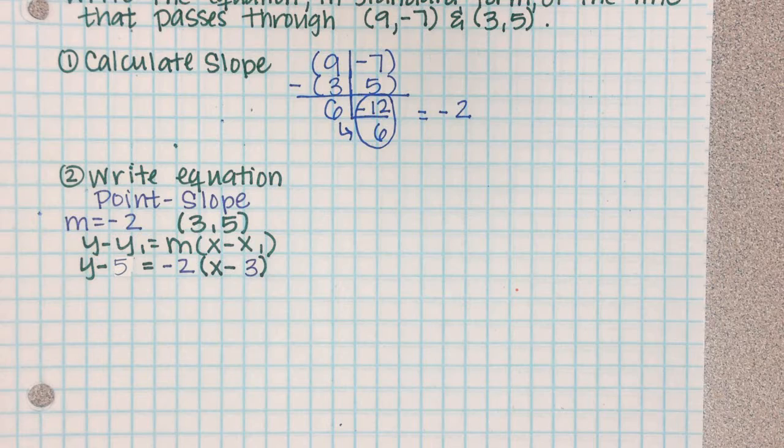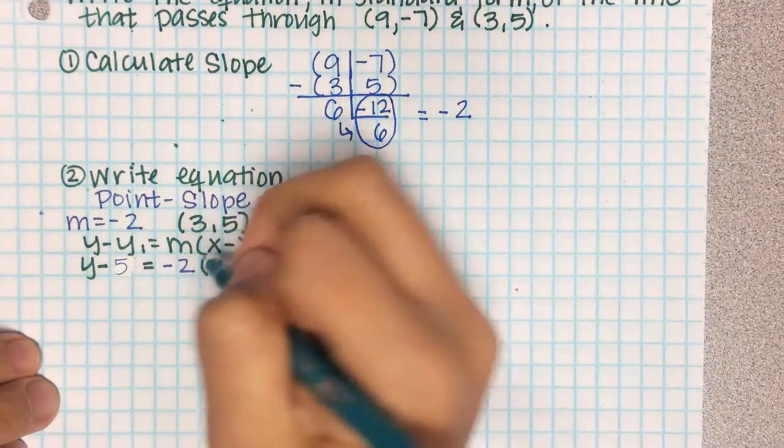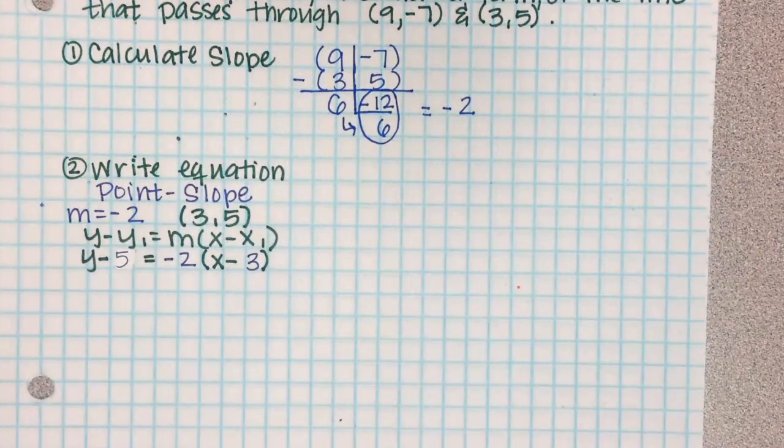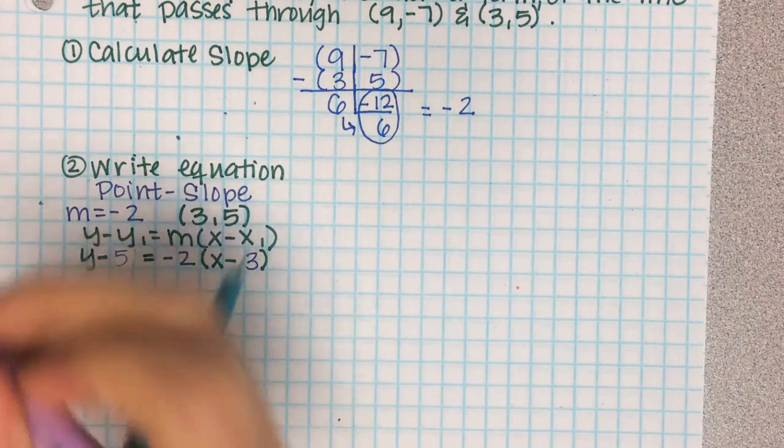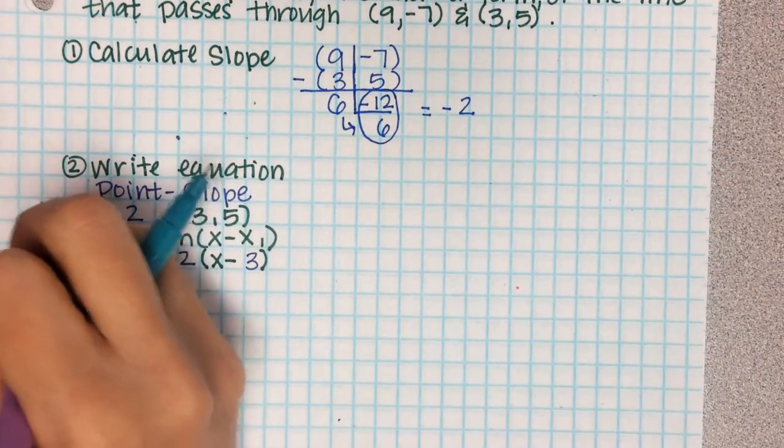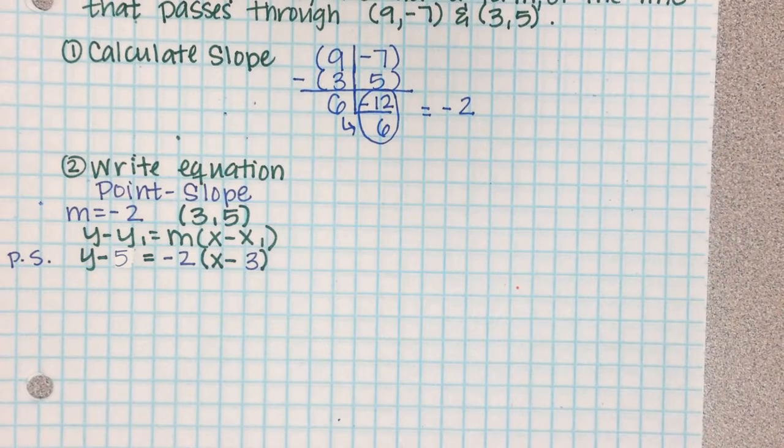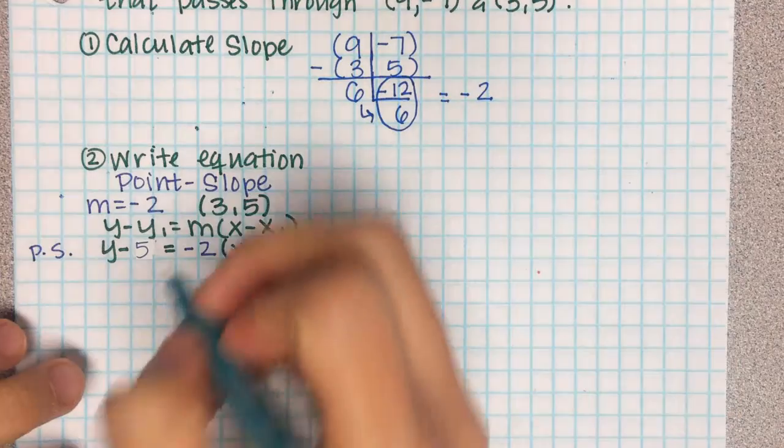But to change it to standard form, we do first have to write it in slope intercept form. So to do that, that's point slope. Just to remind you, that is the answer they were asking for point slope form. We want standard form, so we're going to keep moving on by distributing.